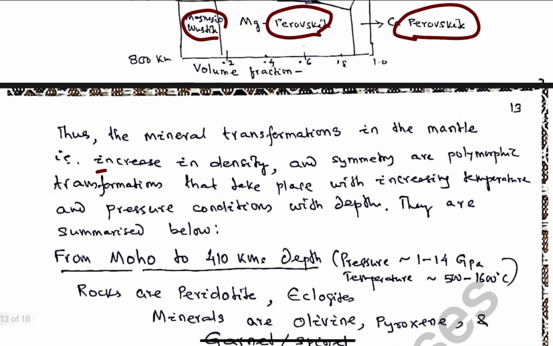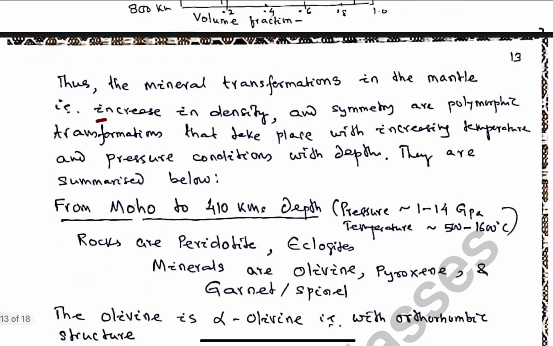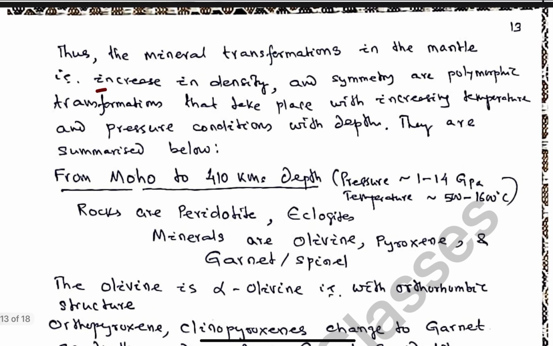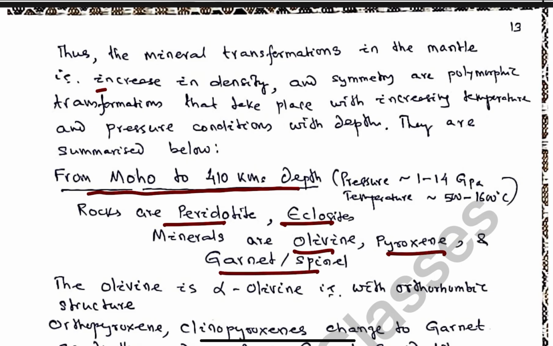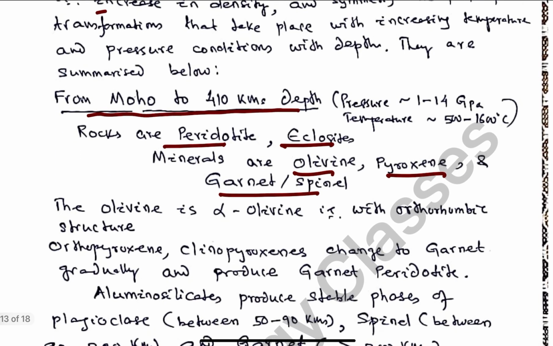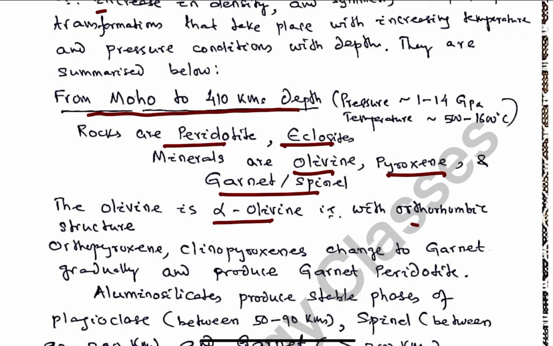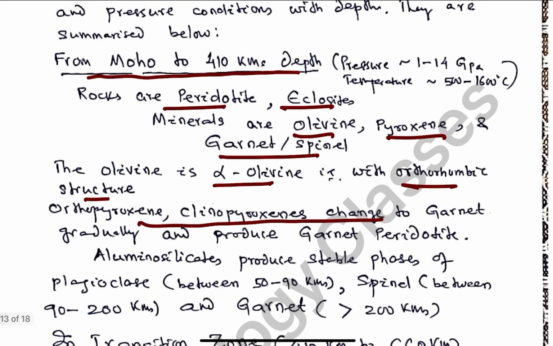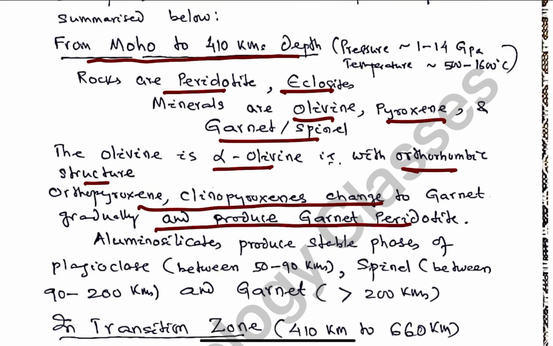So, the mineral transformations in the mantle can be classified as follows: from Moho to 410 kilometers depth, before the beginning of the transitional zone, the rocks are pyrolite and eclogites. The minerals are olivine, pyroxene, and garnet. And the olivine is alpha olivine with orthorhombic structure. Orthopyroxenes and clinopyroxenes change to garnet gradually and produce garnet pyrolite.